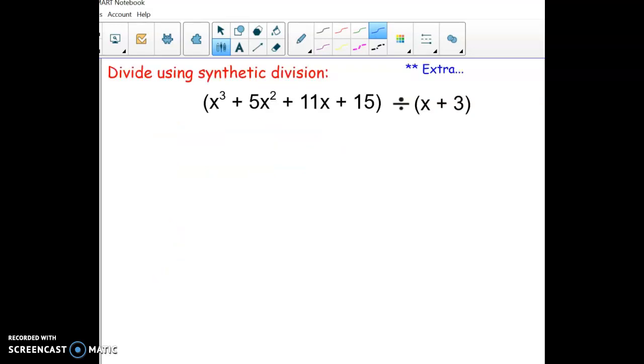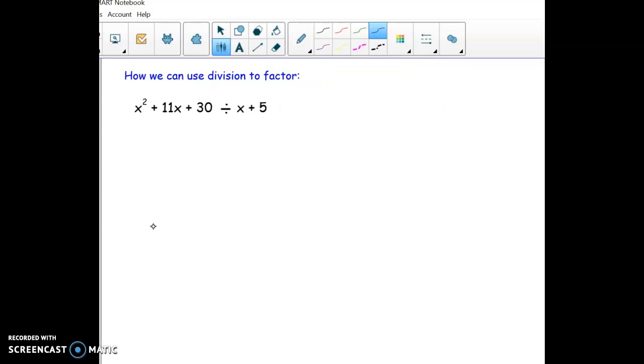Okay, so the first thing I want to say is you can actually use this process to factor. That's the next step in the process, to be able to factor using synthetic division, which seems weird, but basically, if I take a number like 40 and give me any number that divides 40. In class, I'd usually ask a student here, but let's say the student said 4.